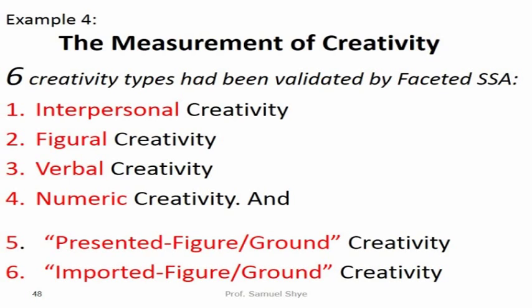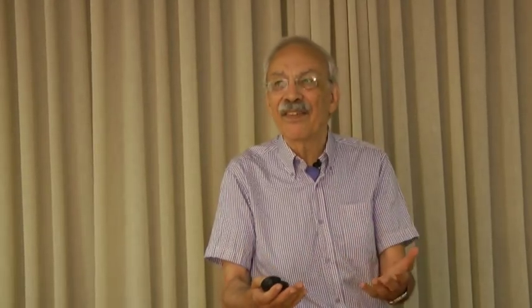And 2 additional types of materials: presented figure ground creativity and imported figure ground creativity. I will not go to the exact definition, but roughly, presented figure ground creativity means that the creative solution is reached by looking at the presented objects or presented elements. And imported figure ground creativity means that the solution must be reached by importing elements from far away, from a different context.